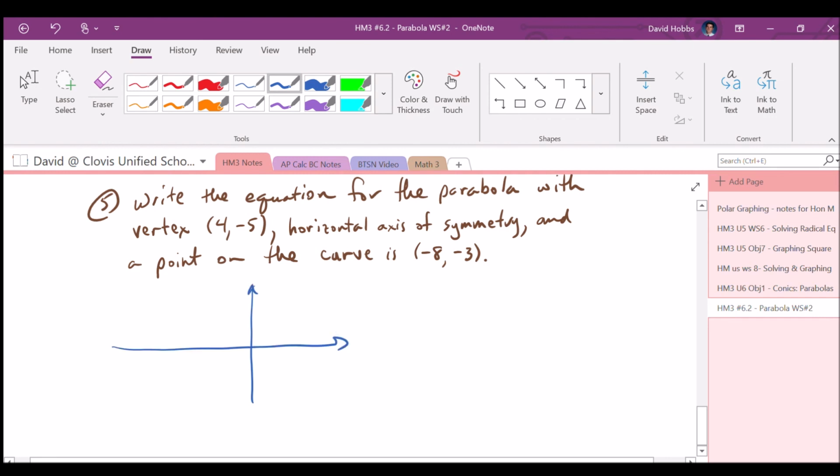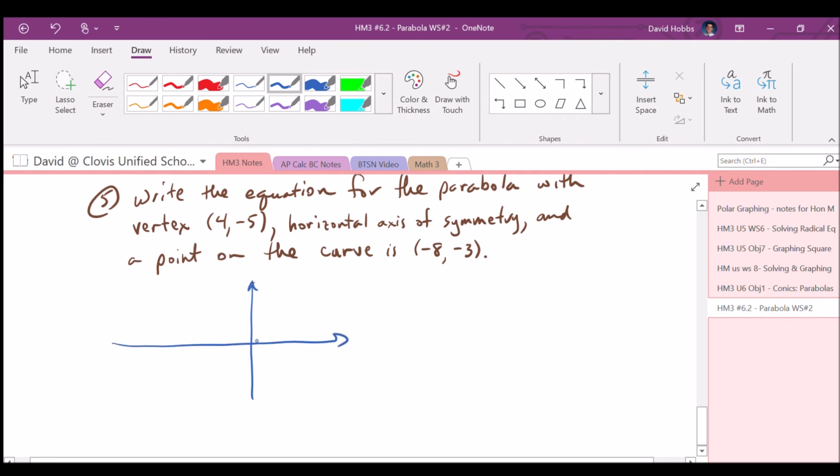Helps us get our bearings. So vertex is 4, negative 5. And horizontal axis of symmetry. Okay, horizontal. So this one must be either a left or right.